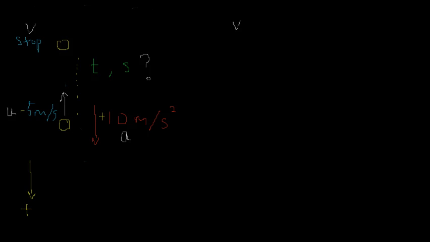Here, V squared is equal to U squared plus 2AS. And S is what we want to find. So let me rearrange this to make S the subject. So first of all, S is down here, so I'll get rid of that by subtracting U squared from both sides.